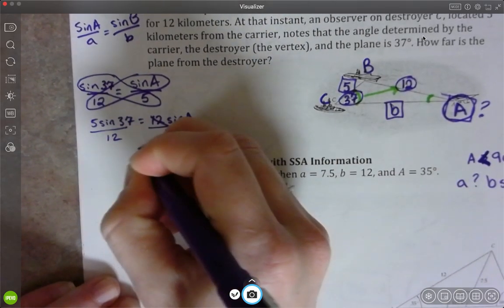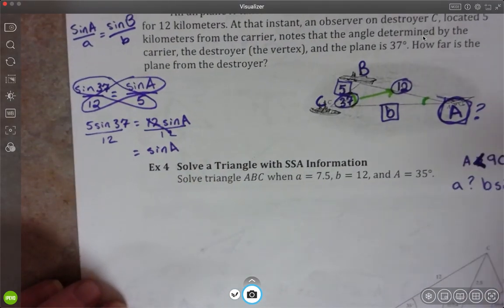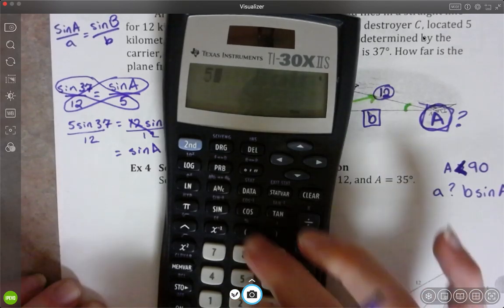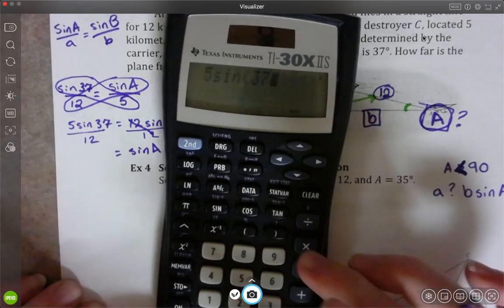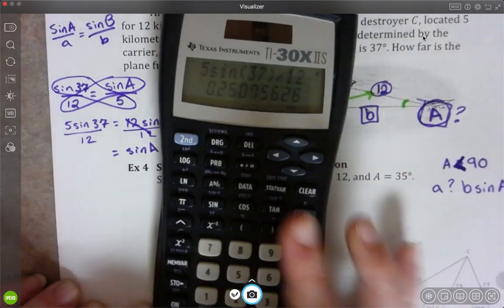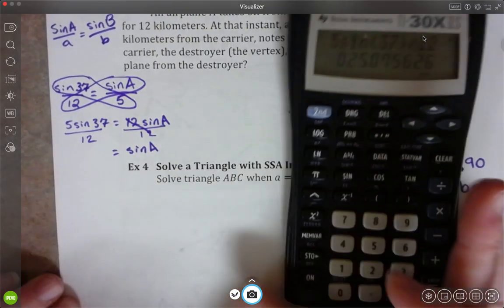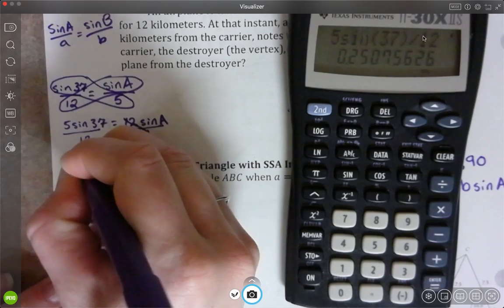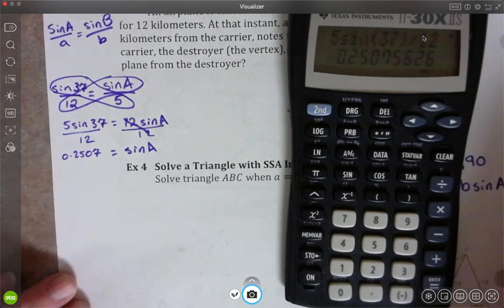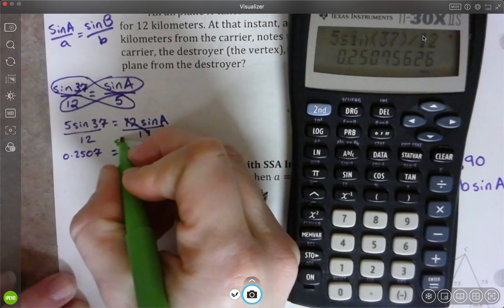So sine of A is going to be all that stuff typed in. Make sure you're still in degrees when you're typing this in. 5 sine 37 divided by 12. And I got 0.2507. That's what sine of A is. So if we want to get A by itself, we have to take the inverse sine.